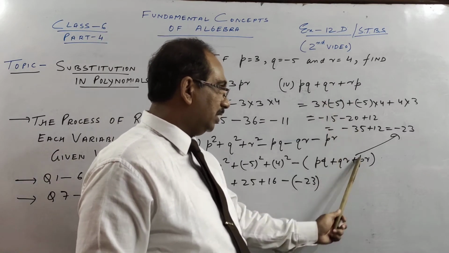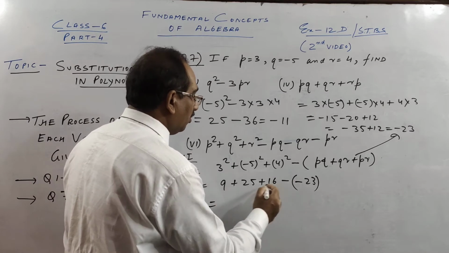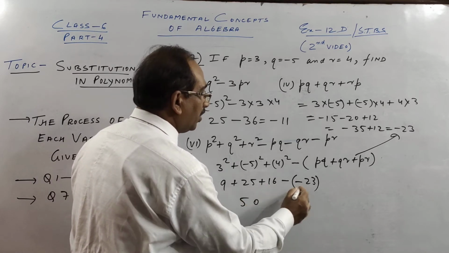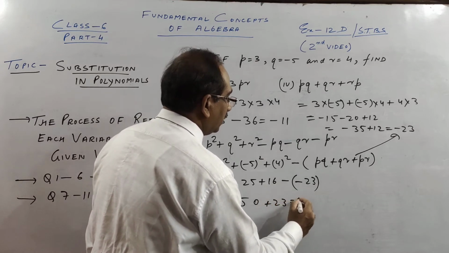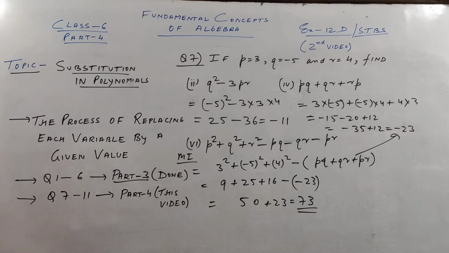When you add all this, 34 plus 16 is 50, minus minus becomes plus 23, and we get 73. Kindly pause the video and copy.